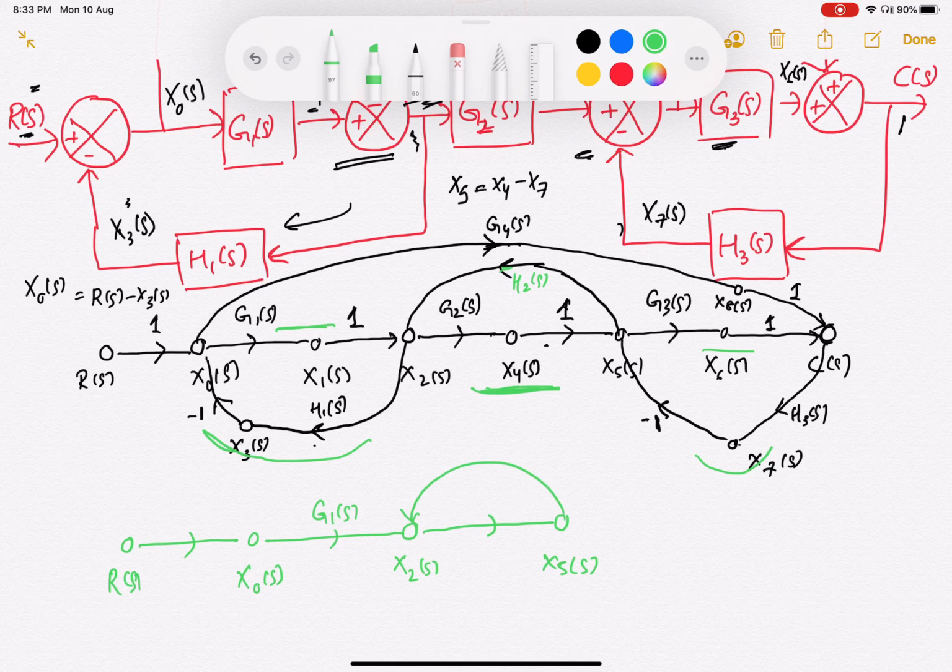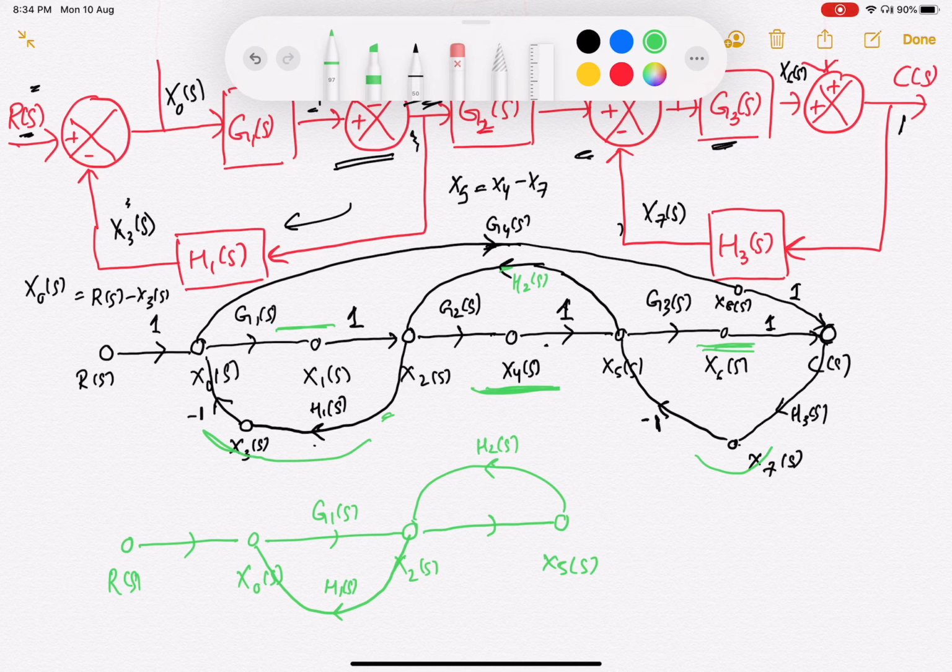Okay, I'm used to drawing the arrows at the end. Right, so this is your h2s here. In a similar way, you have this loop here, so you can draw this like this. So from x2 to x0, you have h1s, right?